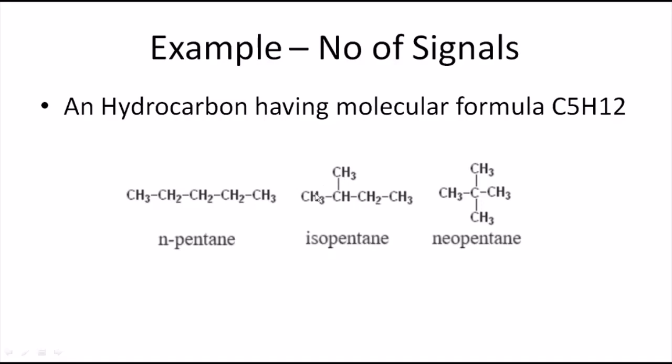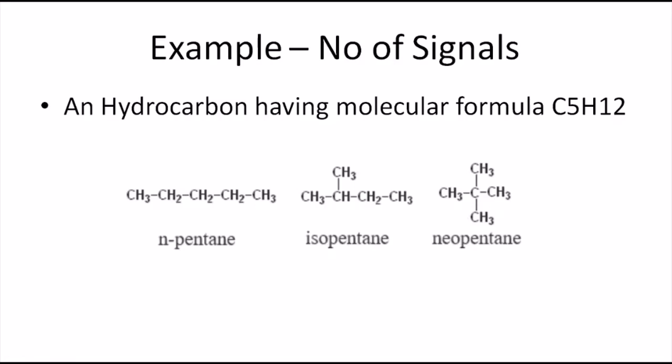Therefore 2 CH3 together gives one signal, 1 CH, 2 CH2, and this CH3 one. There are 4 signals that this molecule gives. If you take this molecule, it is highly symmetric in any direction, and therefore all the CH3 together give only one signal.